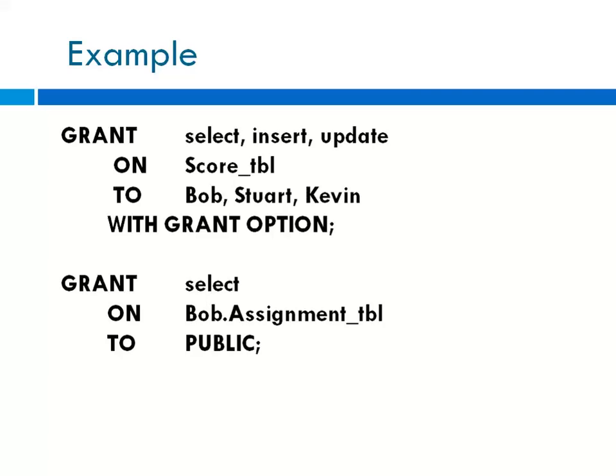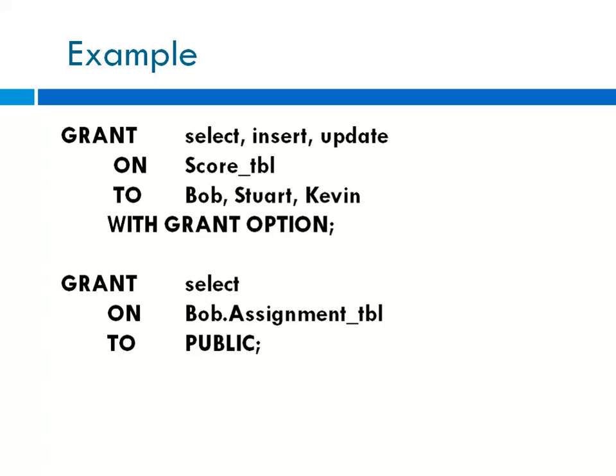Then the next example is: grant select on Bob.assignment_table to public. So here the privilege is select, the table name is assignment_tbl and that belongs to user Bob. This is the table which is created by Bob.